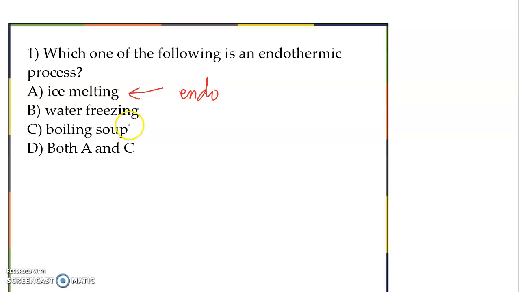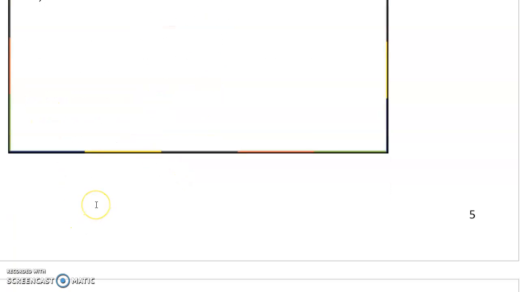Water freezing: you have to take the heat out from the water, then it can freeze. So it's exothermic. Boiling of soup: you have to put heat into it in order to boil it. So boiling is endothermic. Both A and C will be endothermic.